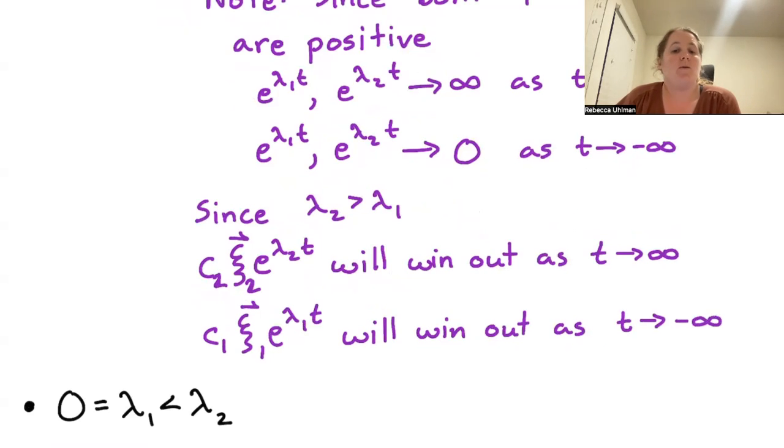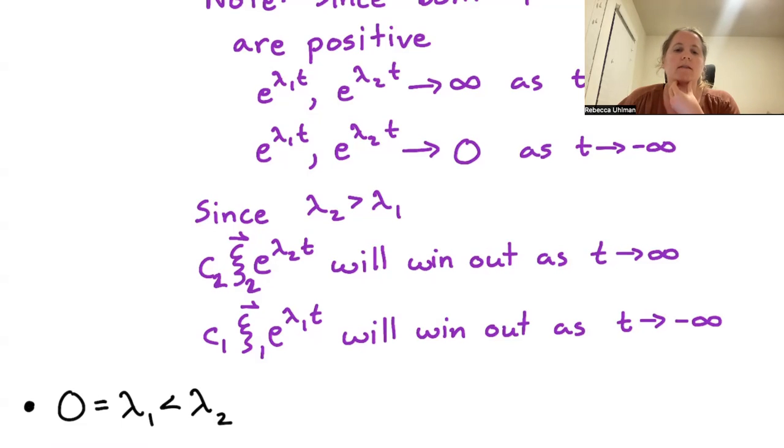And what I mean by will win out, I simply mean that the C2 psi 2 e to the lambda 2t will go to infinity faster. So we'll kind of follow that pattern faster.